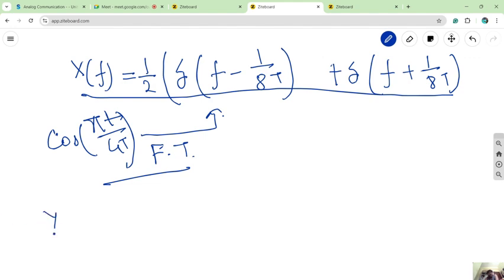Therefore, the output of the channel will be Y of f is equal to H of f times X of f.